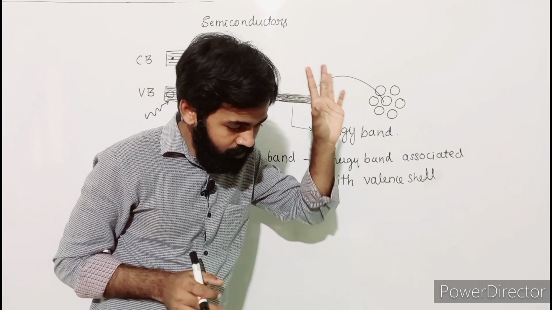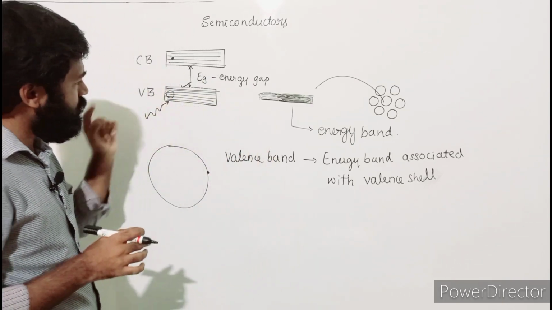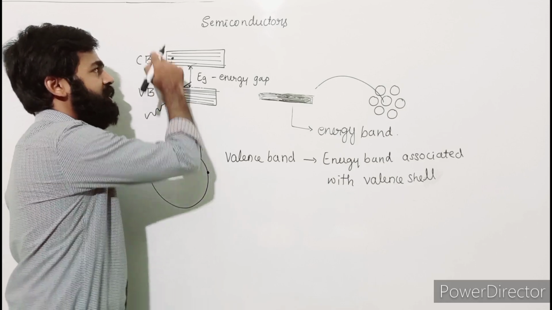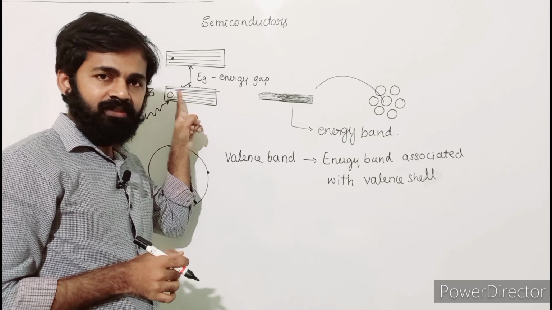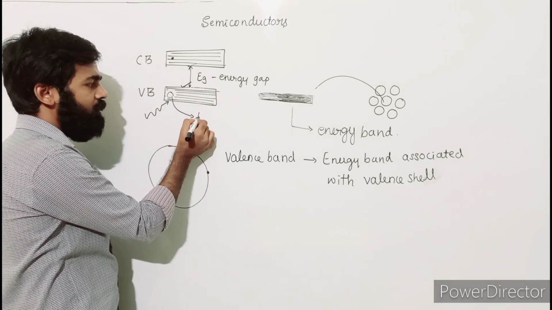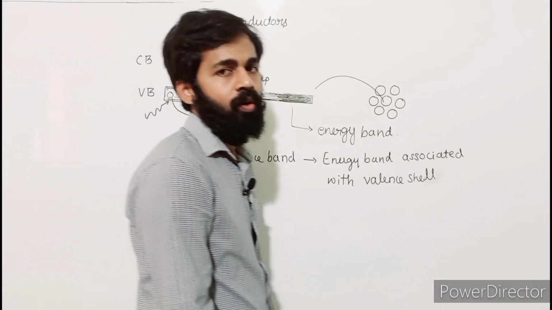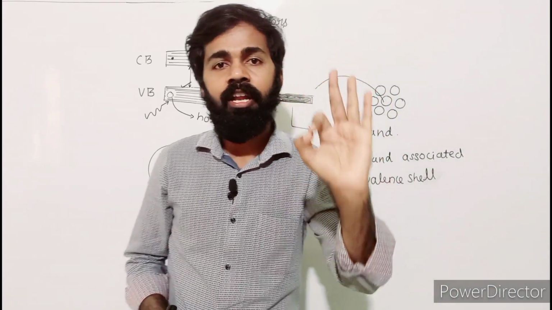Before going to the next concept, I told you that when the electron jumps from the valence band to the conduction band, it leaves an empty space here. This space is empty now, right? This empty space we call a hole. A hole is nothing but the absence of electrons.